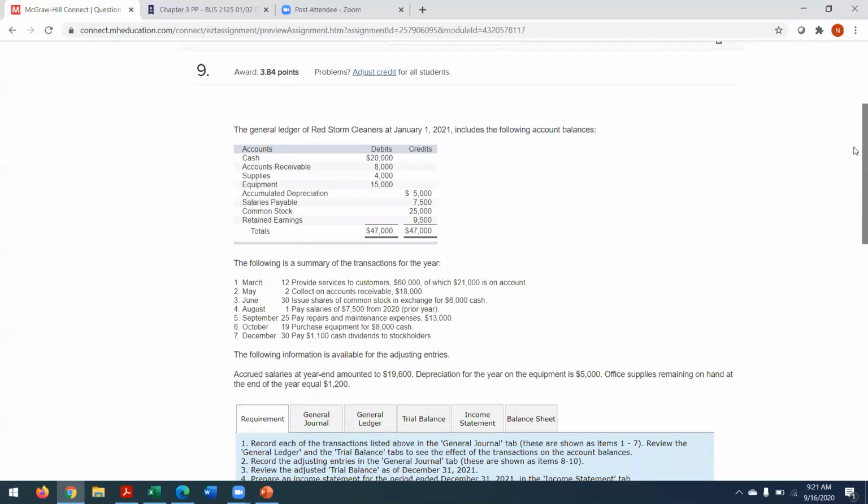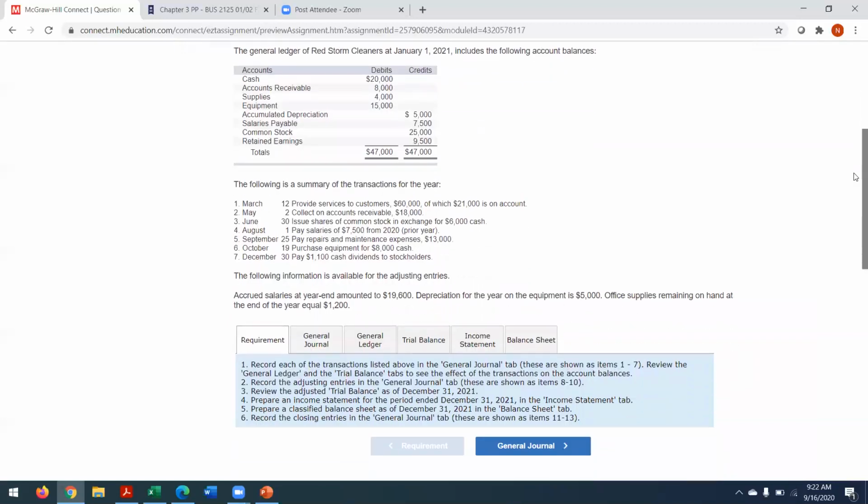Then it tells us all the transactions they had during the year. So on January 1st, here's our beginning trial balance. And you see it does not have any revenues or expenses in it, or dividends. Here are our transactions for the whole year.